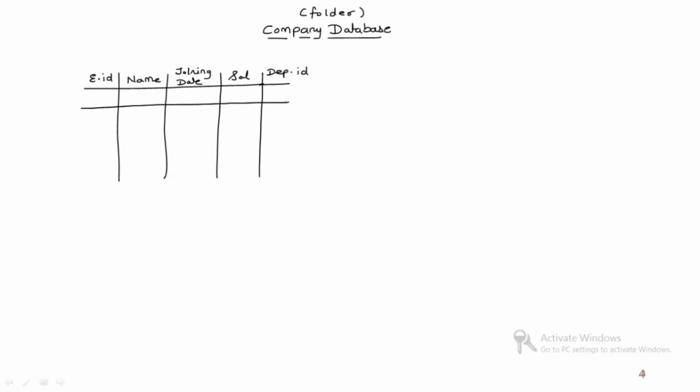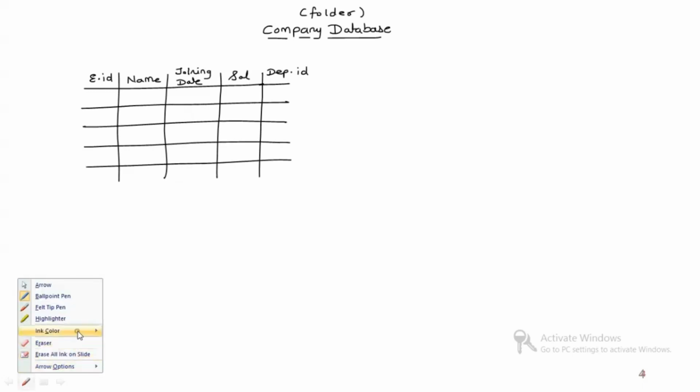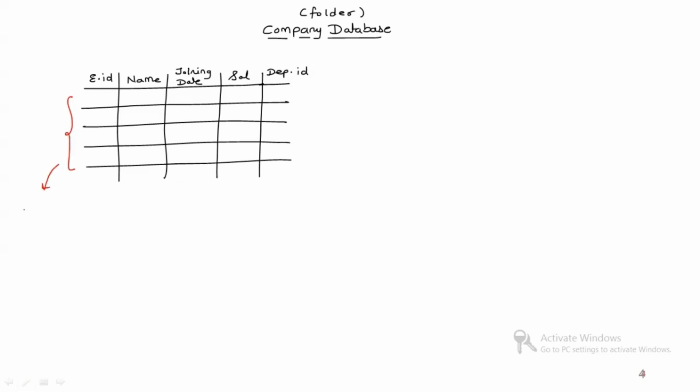Now it has some rows. So in SQL or in a database, each of these rows is known as a record. They are not known as rows, they are known as records. While each of these columns is known as a field.